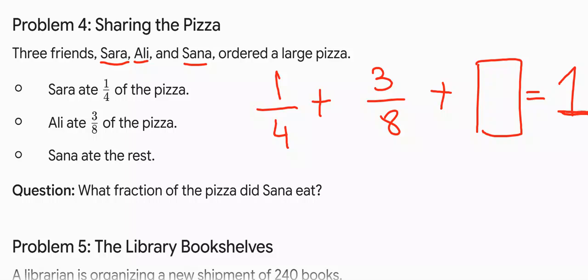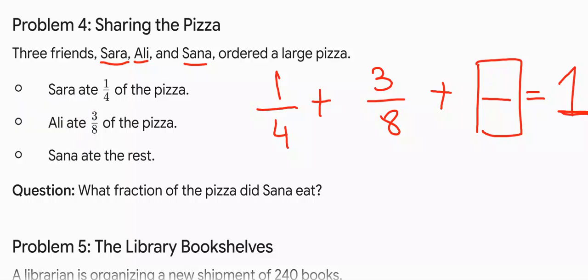Right? We have to find a fraction that, when added, will make one whole. Okay, we know that we cannot add the fractions unless we have alike denominators. When the denominators are different, we cannot add.